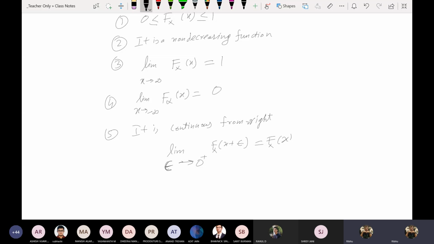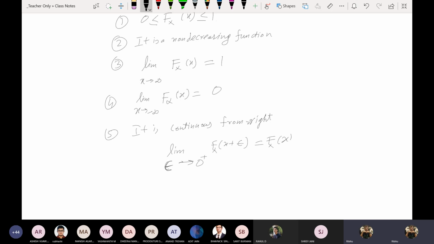There's no such guarantee on it being continuous from left, because of discrete random variables. So you can see that in case of a discrete random variable, the CDF will be continuous from right and not continuous from left. Right?